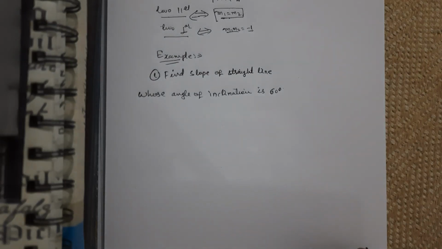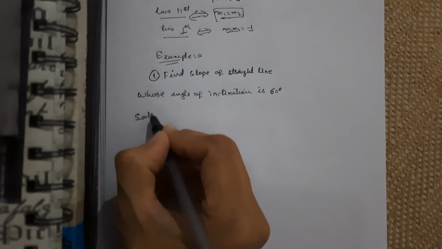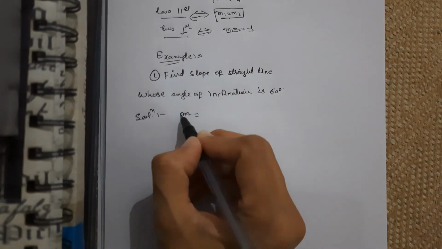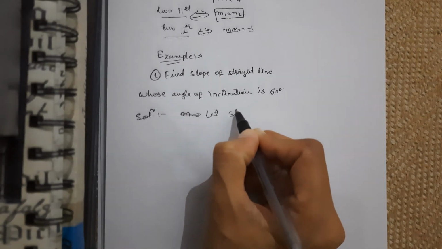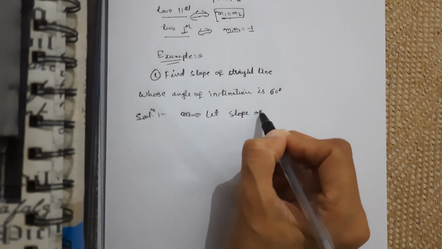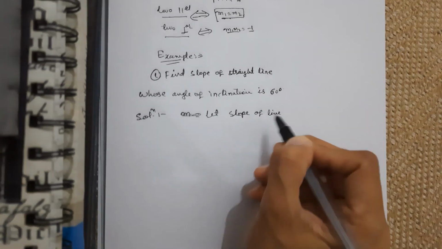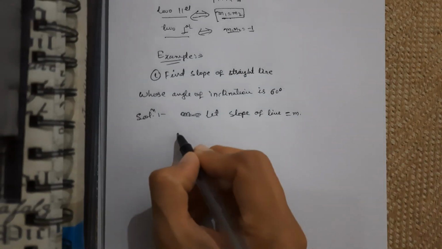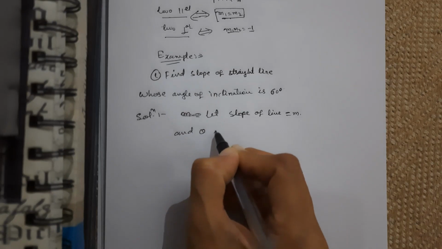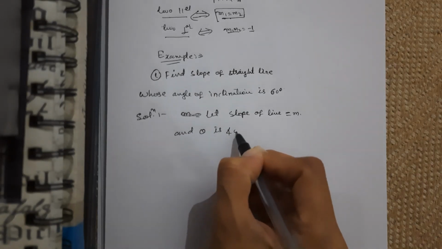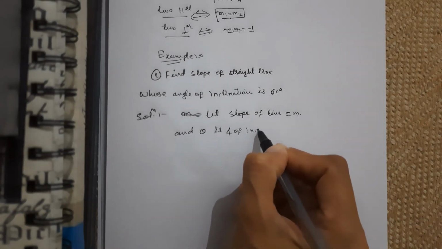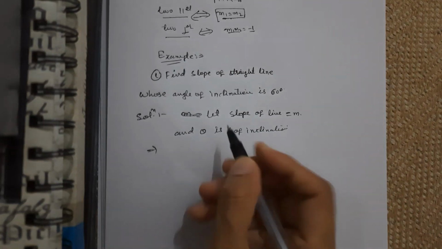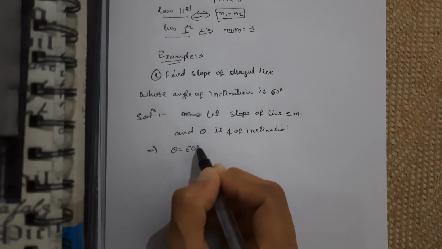This is the problem given. So the solution: we know that, let the slope of the wanted line be m, and theta the angle of inclination. From the given, theta is 60 degree.